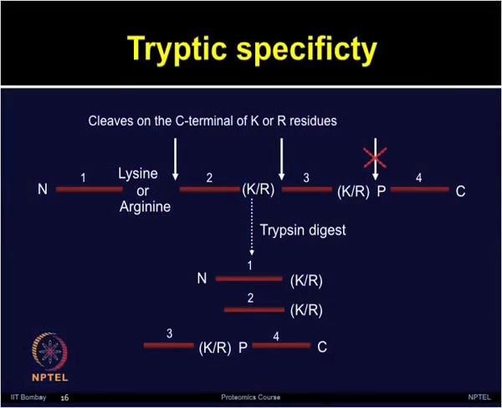The enzymatic digestion can be performed with various enzymes, but typically with trypsin, which cleaves at the C terminal of lysine and arginine residues, but exceptions can occur with proline. If proline is present, then that breakage will not happen.